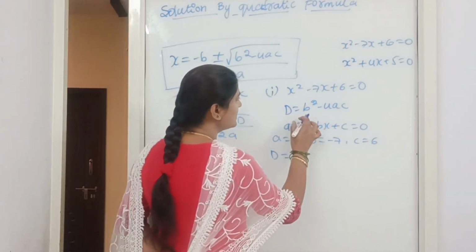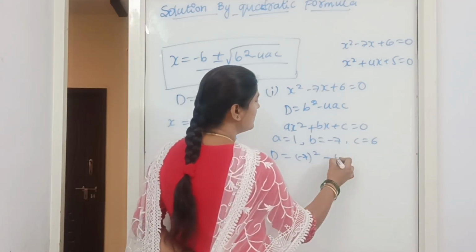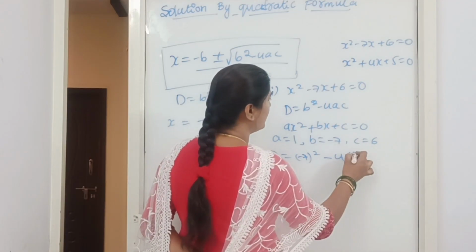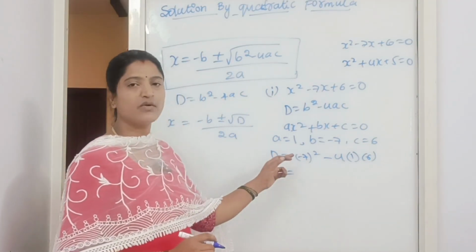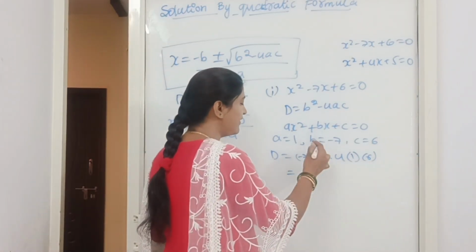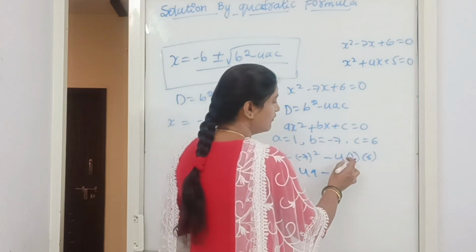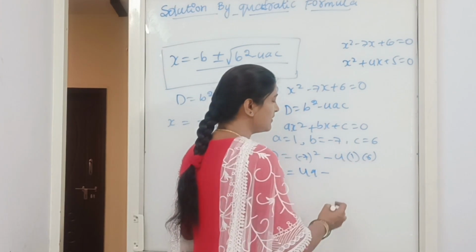Now D is b square, that is minus 7 whole square, minus 4 into a, which is 1, and c is 6. Again, wherever the square is there, be careful. Minus into minus is plus, 7 into 7, 49. 4 ones are 4, 4 6s are how much?